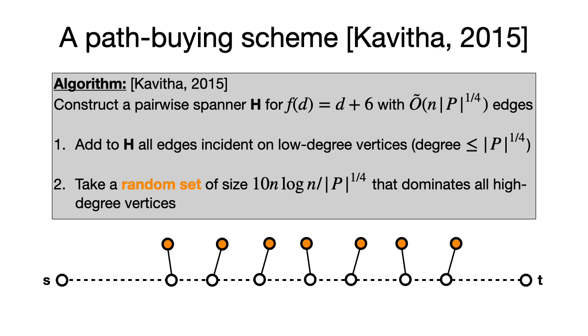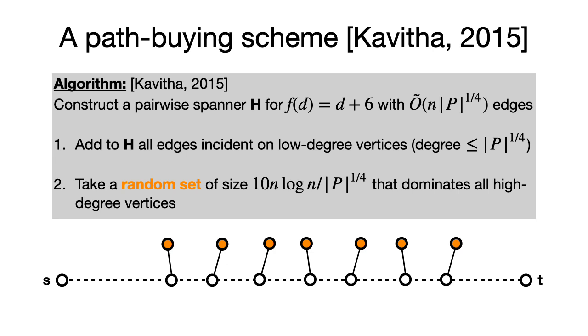Here, a vertex is low degree if its degree in the original graph is at most p to the 1 over 4. Secondly, take a random vertex subset of size n over p to the 1 over 4, which dominates all high degree vertices with high probability.